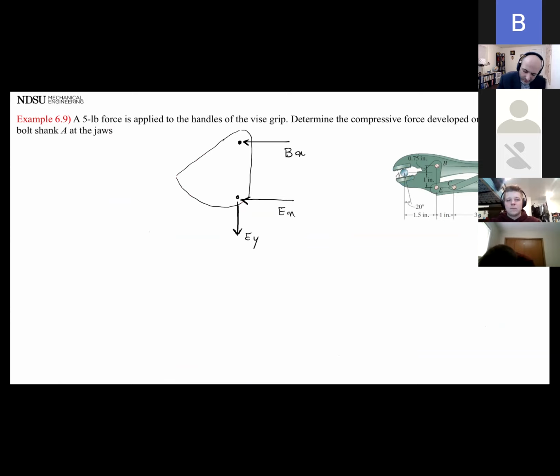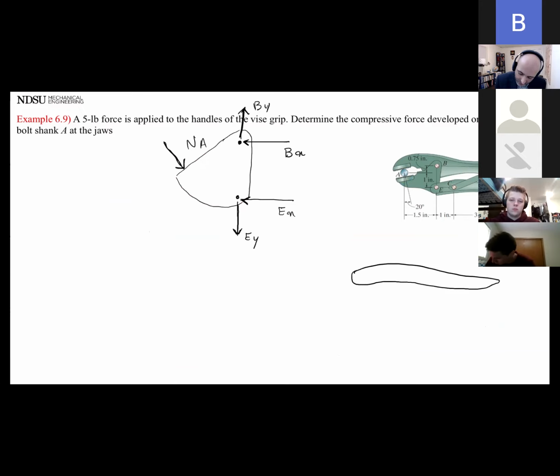BX. Let's do BY and NA. This is one of my free body diagrams, and I said I'm using the lower handle.